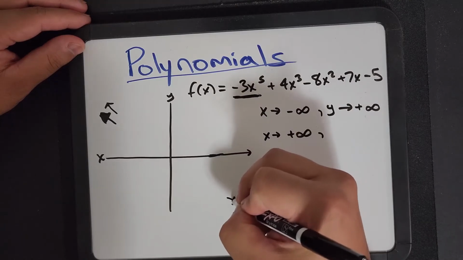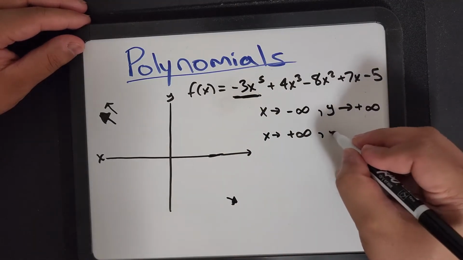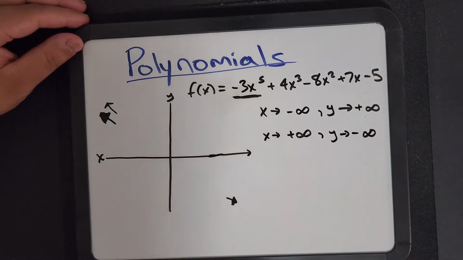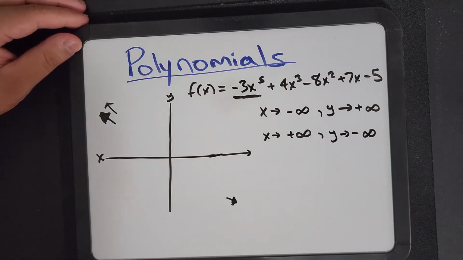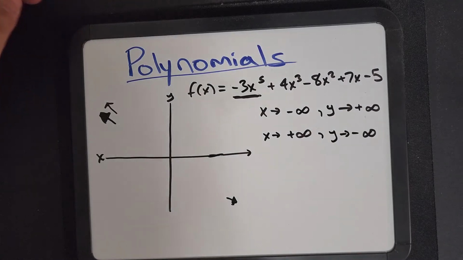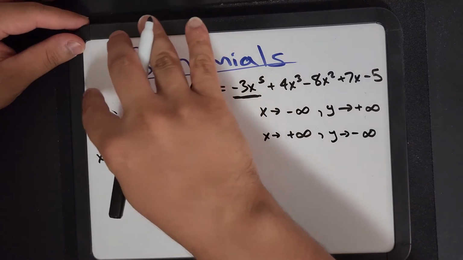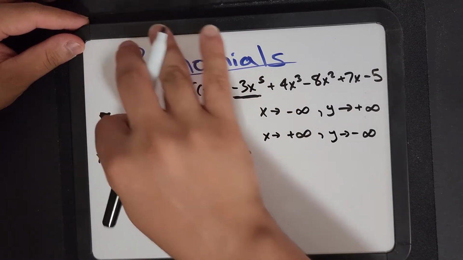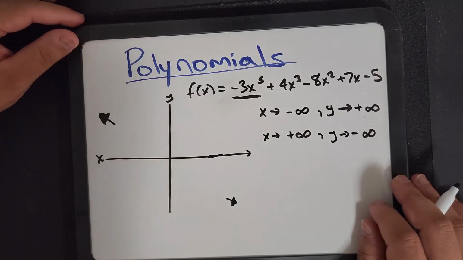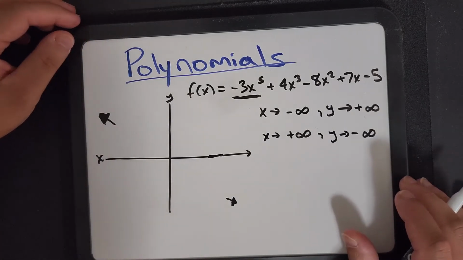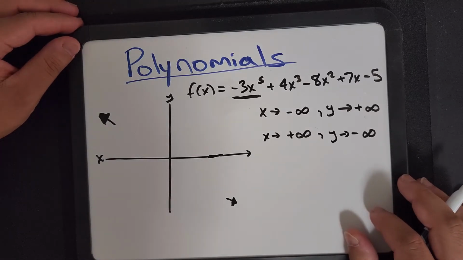So I'll get a negative infinity for y's behavior. So far I have the behavior of the positive and negative values of the function. Next we're going to look at the zeros of the function.